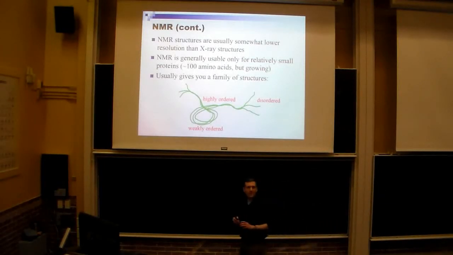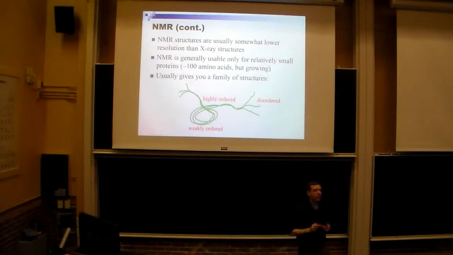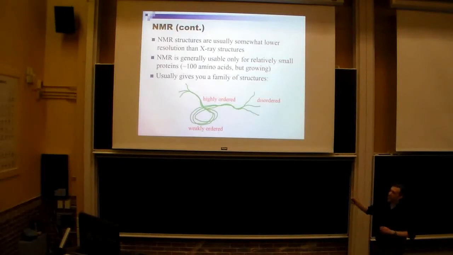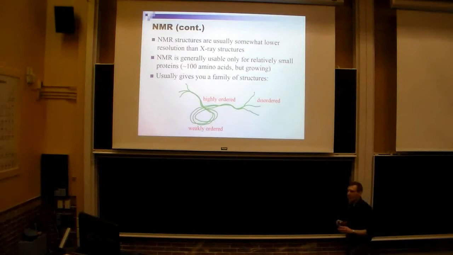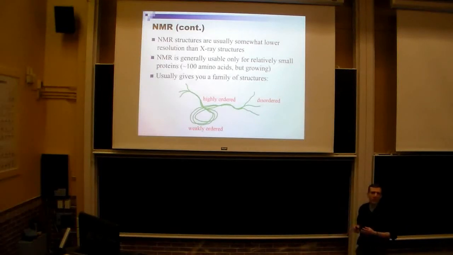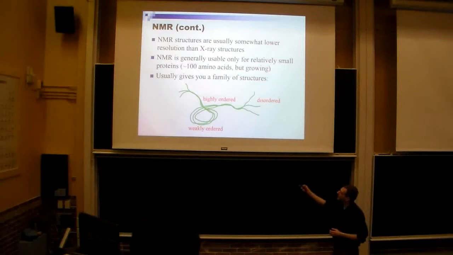There have been some big technological advances the past few years, so this keeps getting pushed further and further, what it can handle. But traditionally, it couldn't handle more than on the order of 100 or maybe now a few hundred amino acids. There are tricks you can use sometimes to get to larger proteins. But generally, if you have a large protein and you need an experimental structure, crystallography is the only alternative.